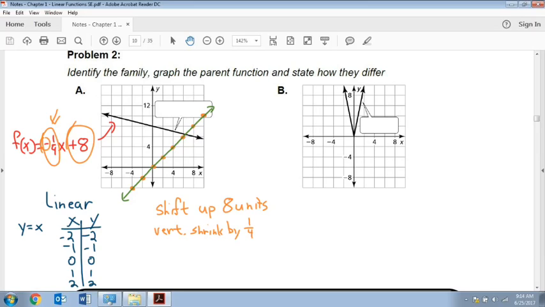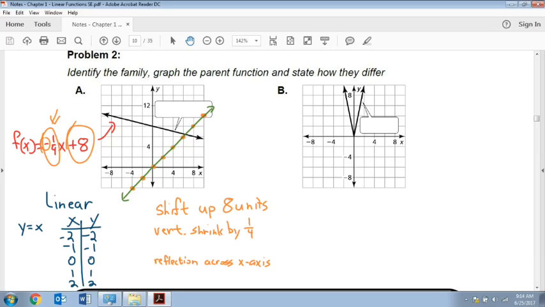And last but not least, that negative. That negative is a reflection. Because we multiplied by a negative, that's called a reflection. And it went across the x-axis. Now this one's a little tricky, because they think, well, which axis did it go across?